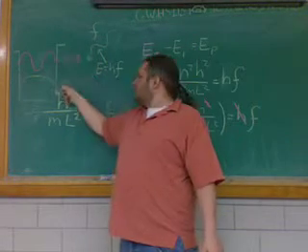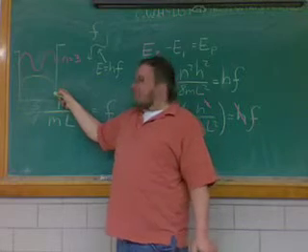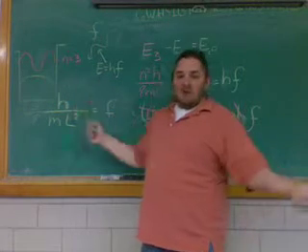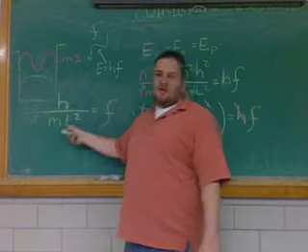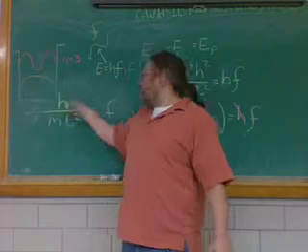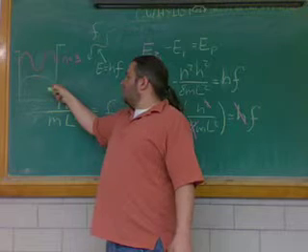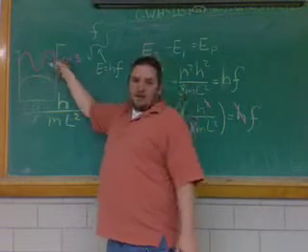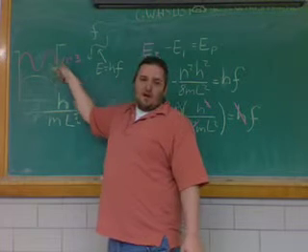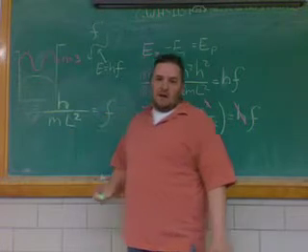It needs that frequency of light to get up to here, and it loses that same frequency to go from here back down to here. So that's just an example of using energy levels to determine frequencies of light. Excuse me, my brain is fried. Cool?